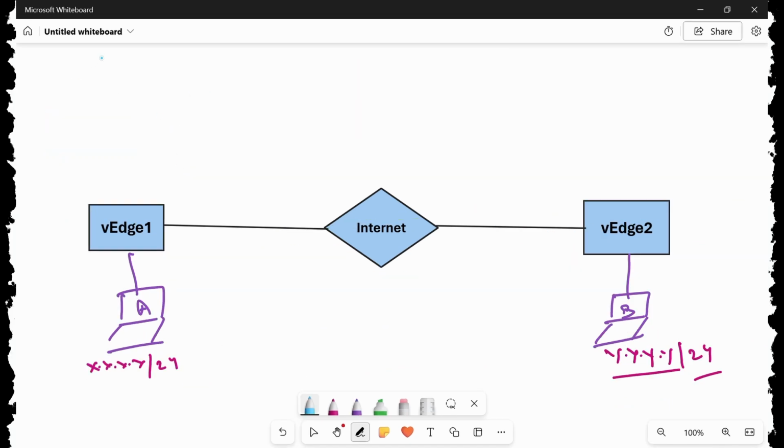Okay, as we discussed, we're going to use the DH key exchange, which is basically Diffie-Hellman key exchange.